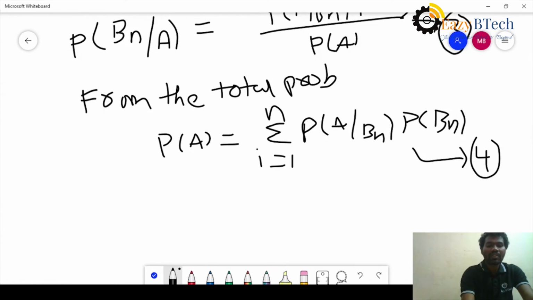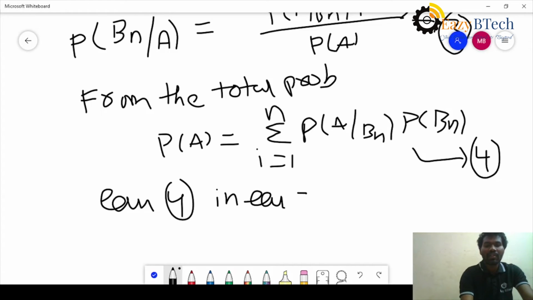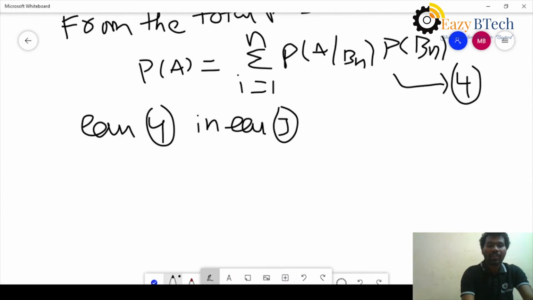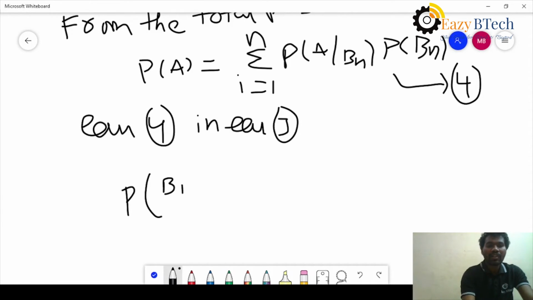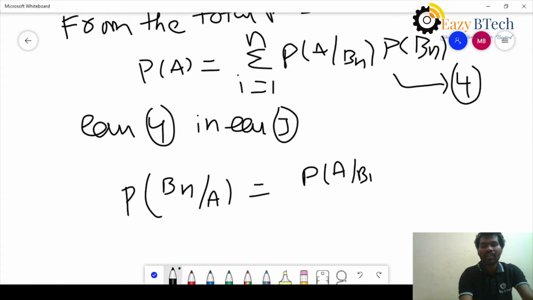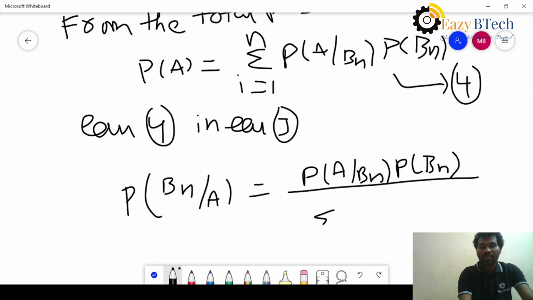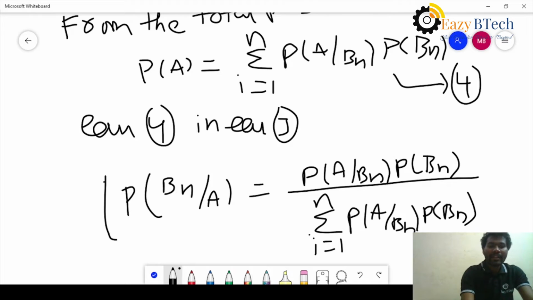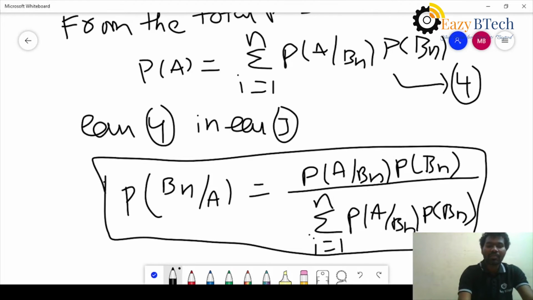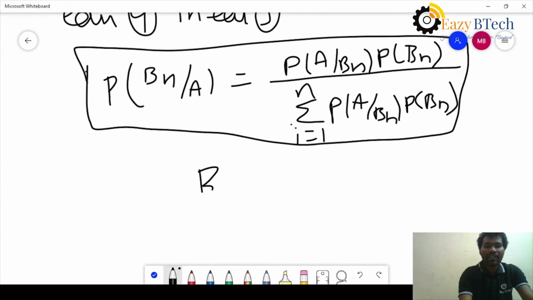If you substitute equation 4 in equation 3, you will get P of Bn given A is equal to P of A given Bn into P of Bn divided by summation, sigma i equal to 1 to n, of P of A given Bn into P of Bn. This entire thing is called the Bayes theorem proof.